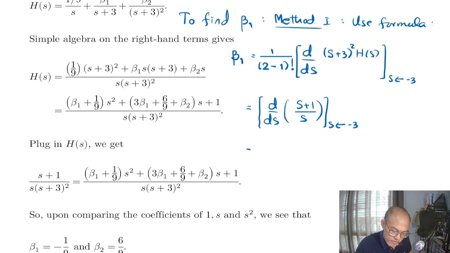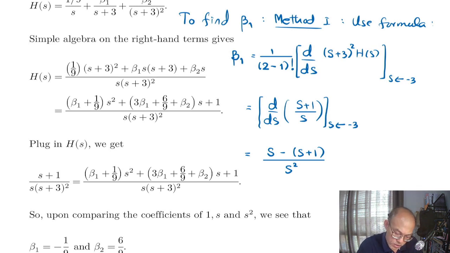Now you have to differentiate it. So I have equal to s minus (s plus 1) divided by s squared.